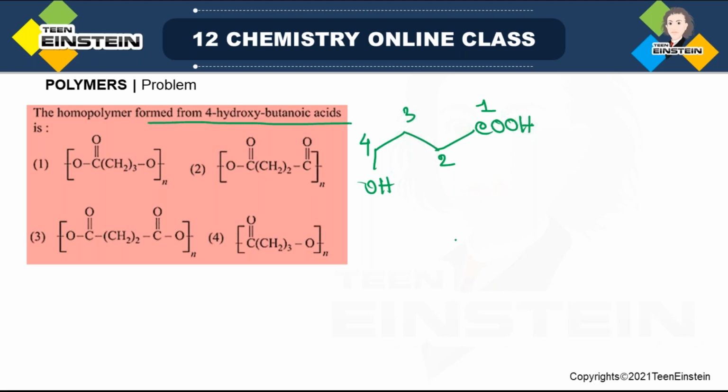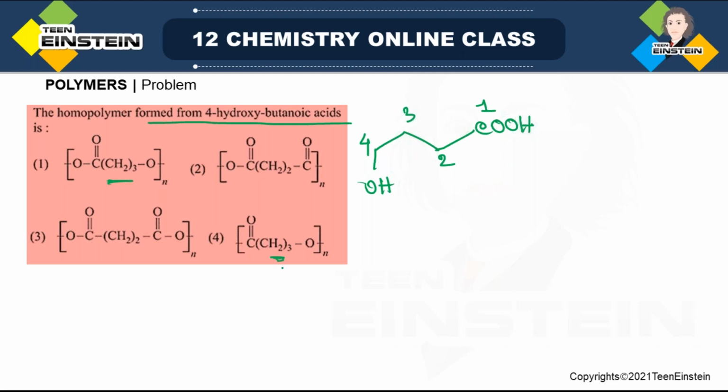So you can find some similarity with the previous question, where we also saw an OH group and CO2H on both sides, and in between there are a total of 4 carbon. Here we have only 3 carbon, right? So if it is 3 carbon, that you can see in option 1 and option 4.